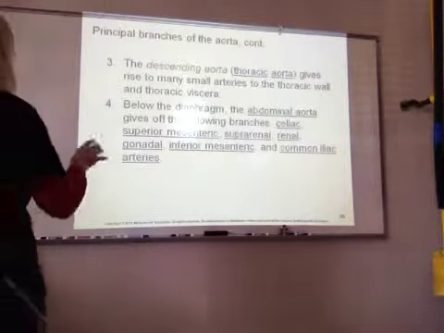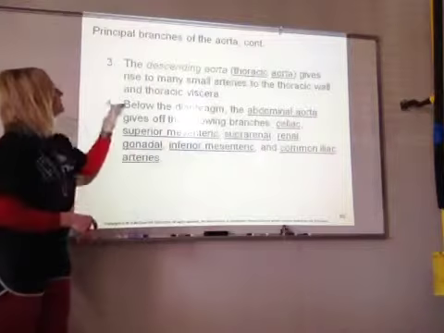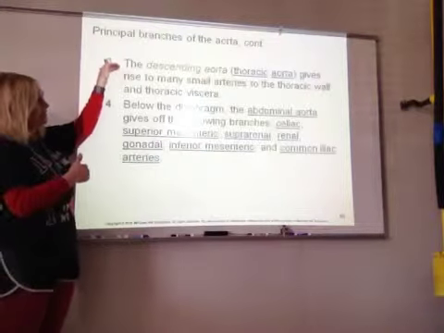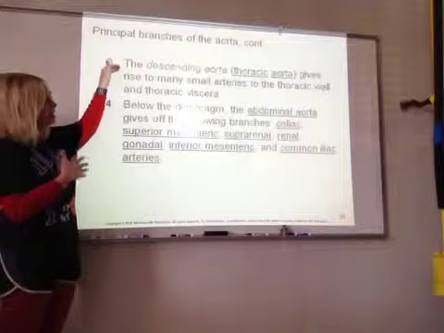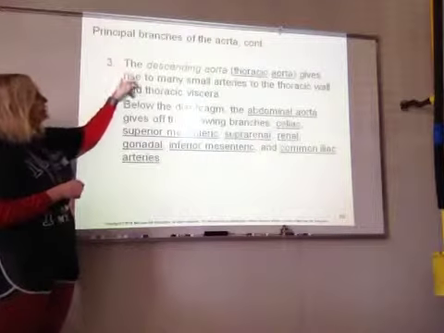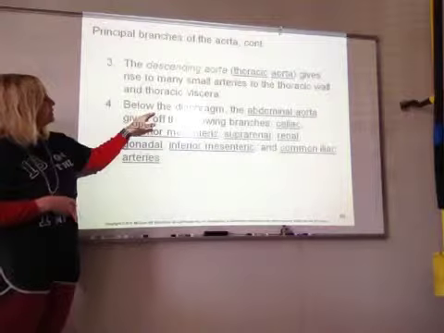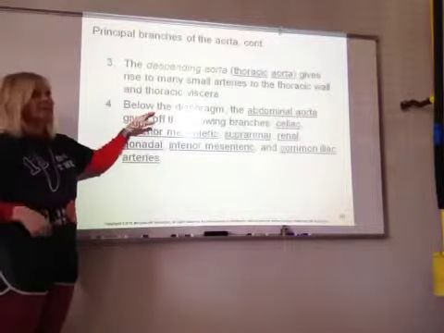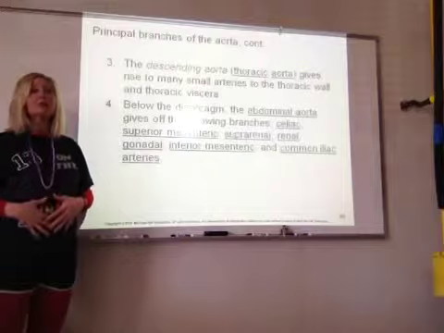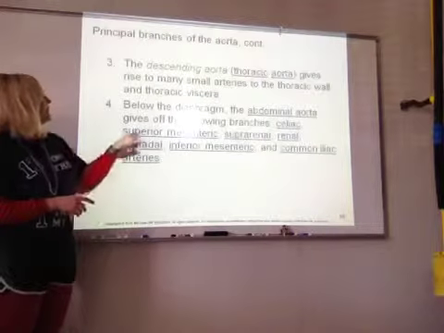Descending aorta goes downward, also called the thoracic aorta. It sits behind your thoracic cavity, gives rise to many small arteries. Abdominal aorta is going to be in your abdominal area, and it sits underneath your organs.